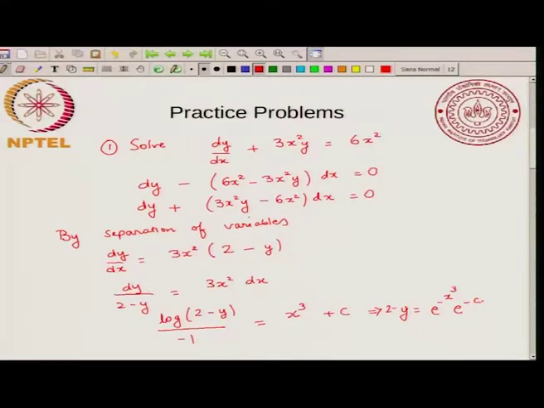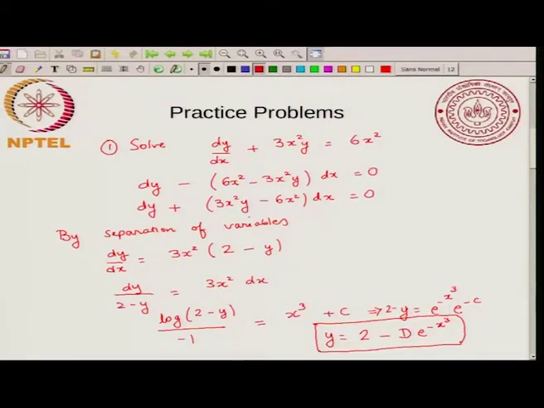And now I can write y is equal to 2 minus e raised to minus c, I can just call this some constant d, times e raised to minus x cube. So, this is the solution. You can solve this differential equation just by separation of variables.